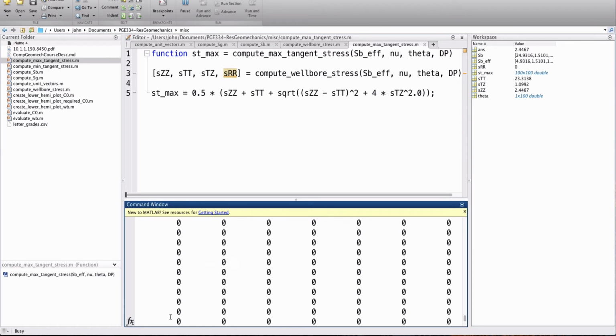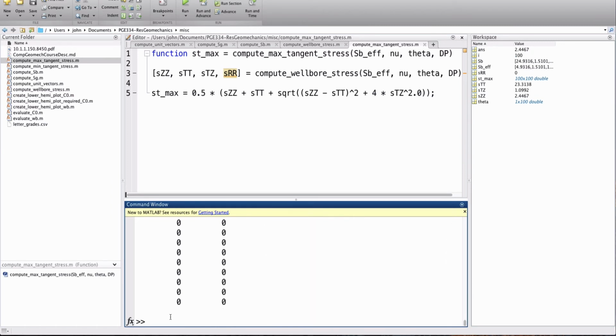Oh, and all zeros. That's not good. Can't be right.